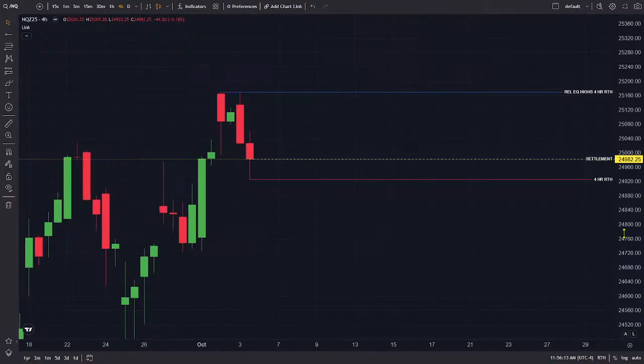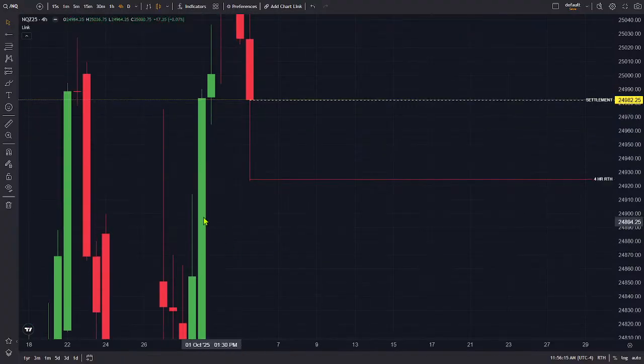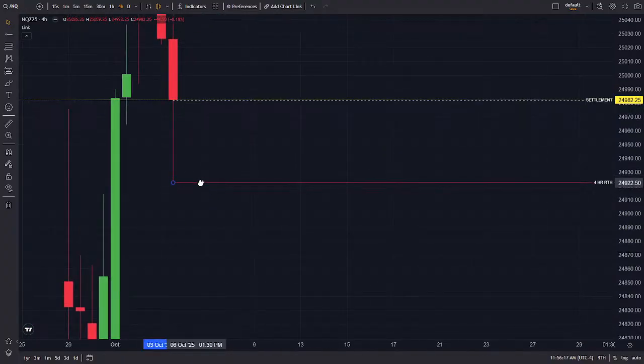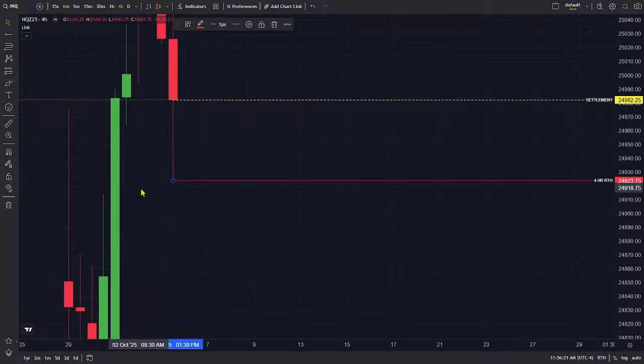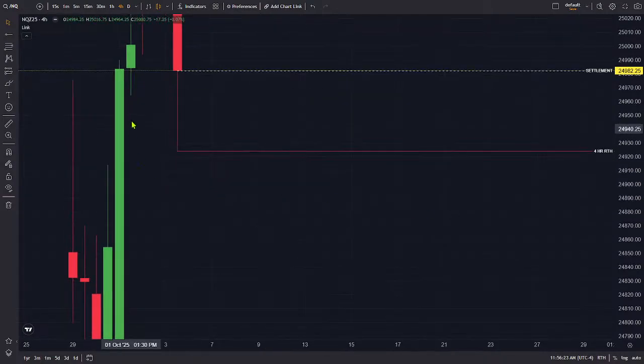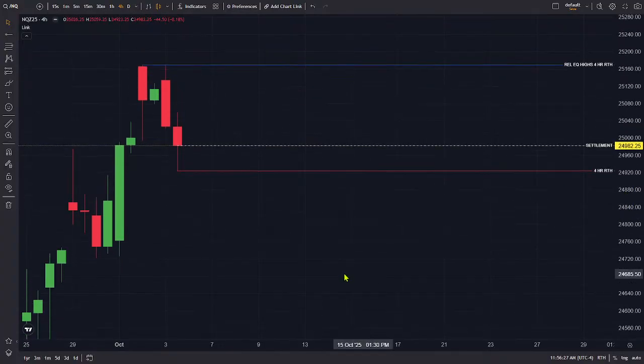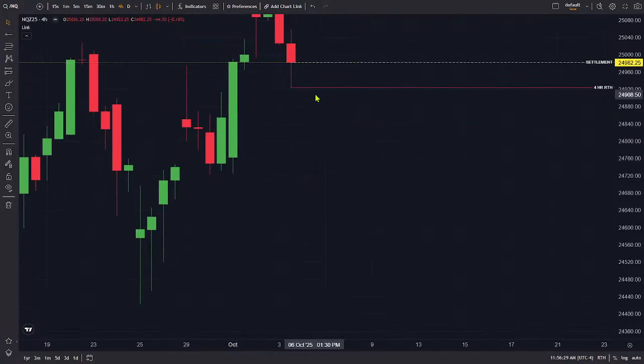It looks to me like when this wick came down, it almost filled this fair value gap. It left a little bit on that fair value gap, but it did take out this 4 hour low. And always look for and mark levels that look like this.